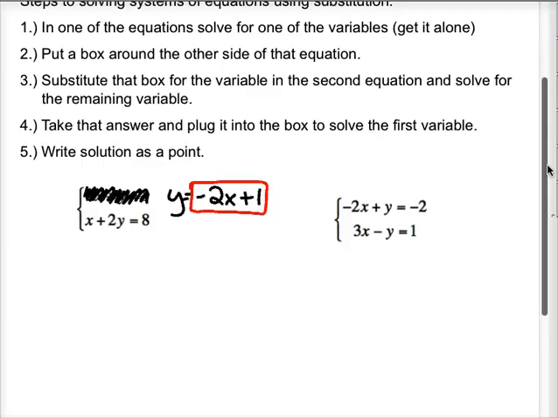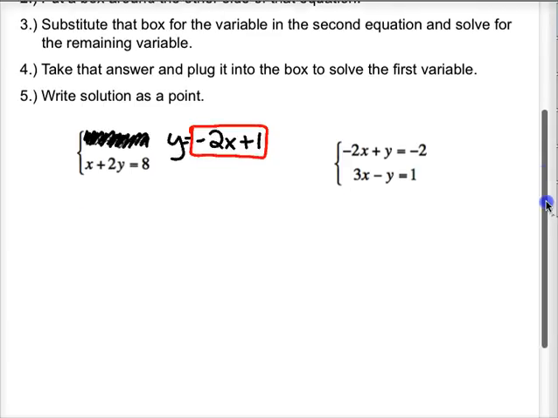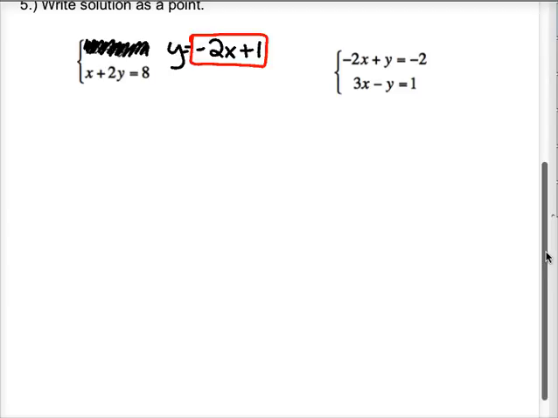Put a box around the other side, the part that equals that variable. Now we're going to do just like we did yesterday. I'm going to take that and I'm going to rewrite my other equation. So instead of using y, I'm going to be using what y equals. And y equals that negative 2x plus 1.